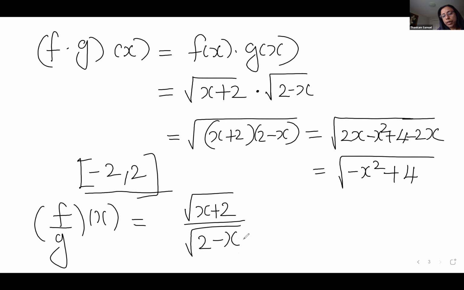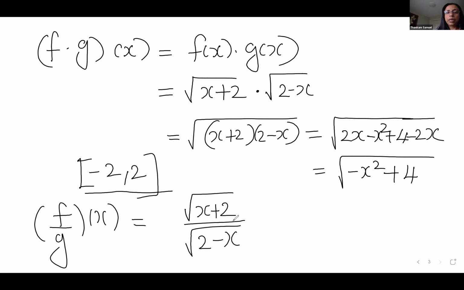So the denominator becomes 0. So division by 0 is undefined. So we need to exclude 2 from the domain of the functions f and g, right? So we need to exclude. We cannot have 2 in the domain of this function because that 2 makes the denominator 0.